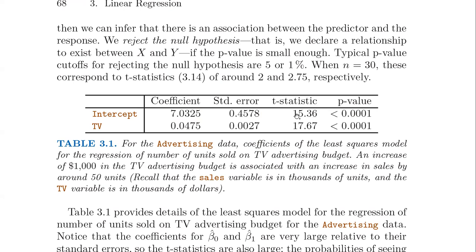In fact, that probability is very, very low. It's a lot less than 0.0001. If the p-value is small enough, the lower it is, then the stronger the evidence is to reject the null hypothesis.